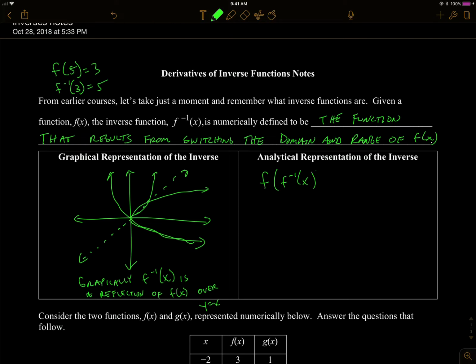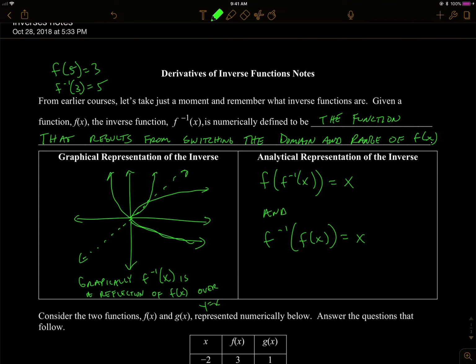All right, so now we're going to look at analytically what it means to be an inverse. Well, if we do the composition of f and its inverse, we get x, meaning algebraically, whatever f does to a function, f inverse undoes it. You can think of addition and subtraction here, multiplication and division, squaring and square rooting. And it has to work both ways.